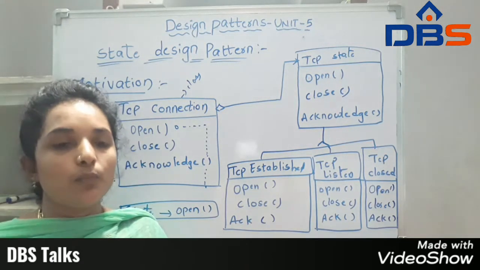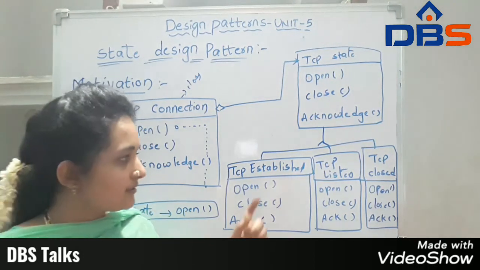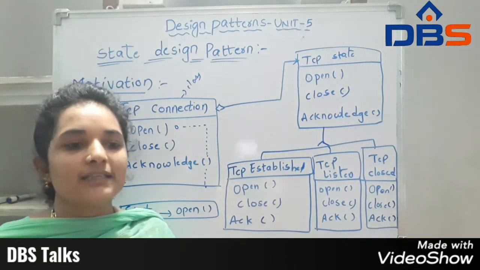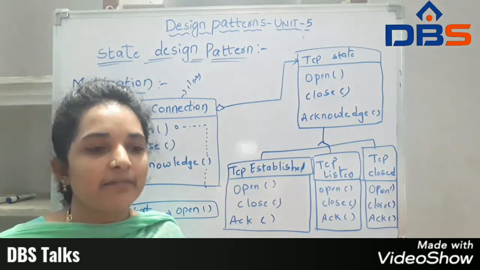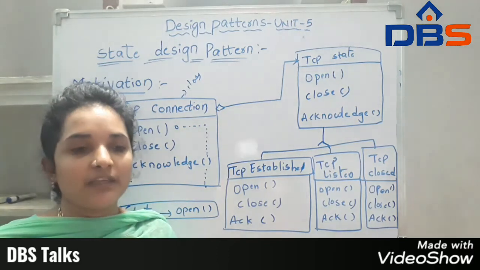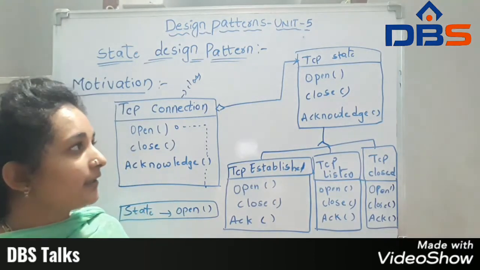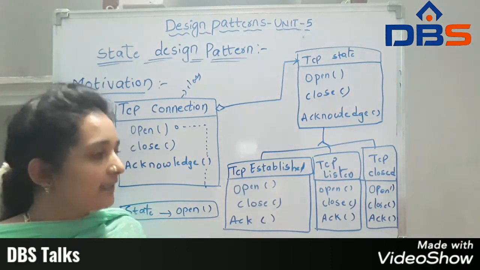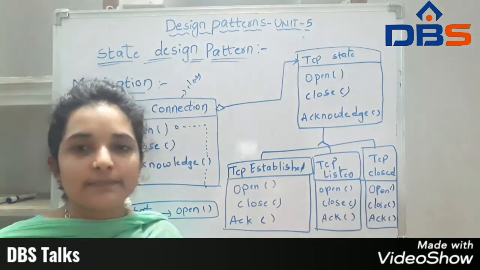So the open request depends on whether the connection is in its closed state or established state. The state pattern describes how the TCP connection can exhibit different behavior in each state. Here TCP state acts as an abstract class and a common interface for all the classes, and we have some subclasses: TCP established, TCP listen, and TCP closed.